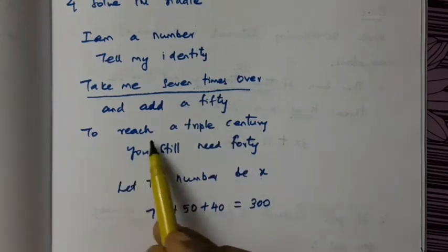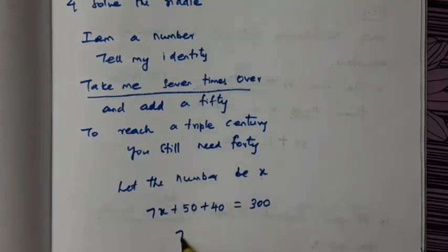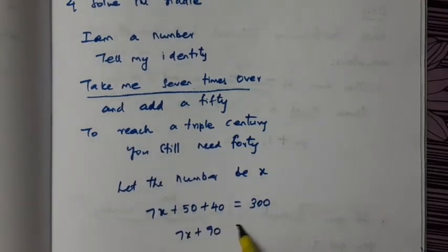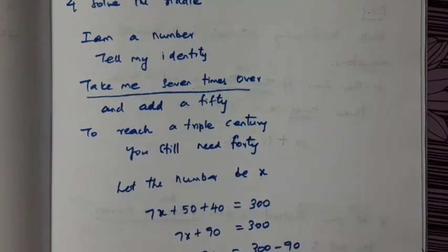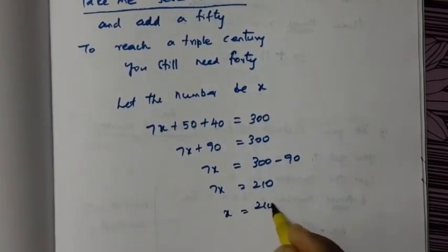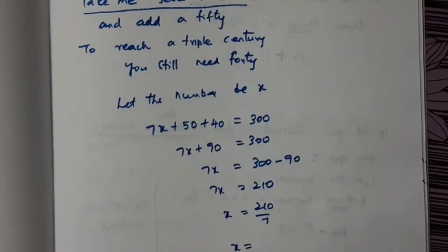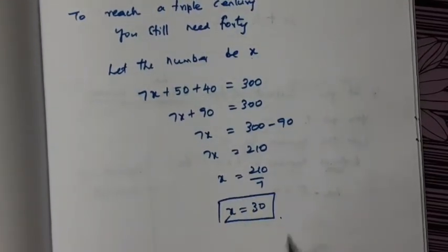To reach 300 you still need 40. You have to add 40 to that to get 300, so 7x plus 90 equals 300. So 7x equals 300 minus 90, 7x equals 210. Divide by 7 on both sides, which gives x equals 30. So the number is 30.